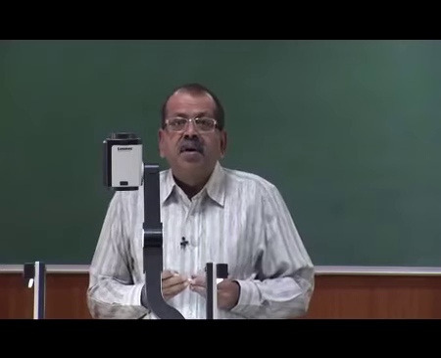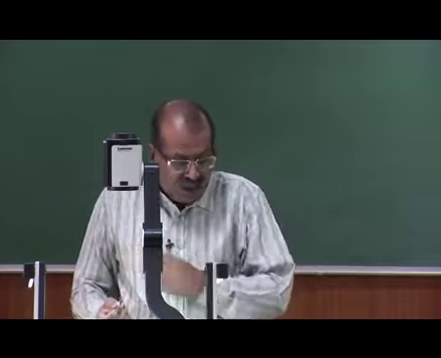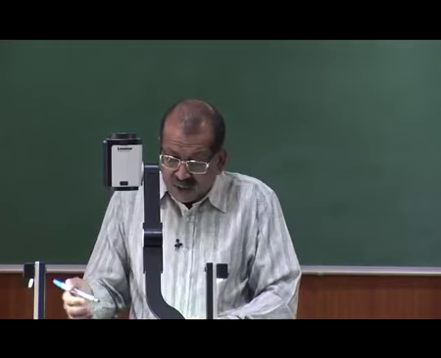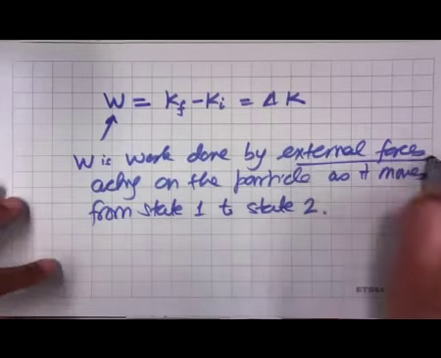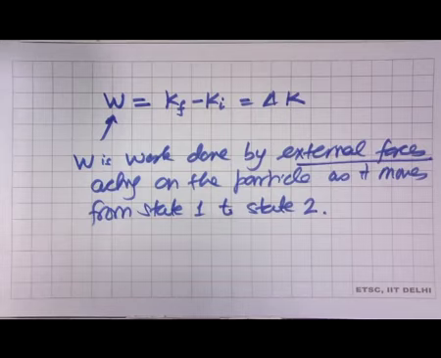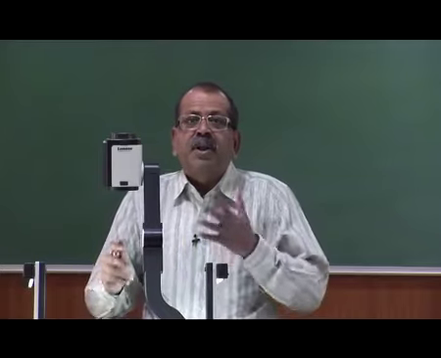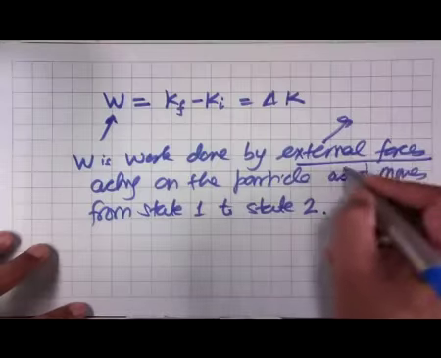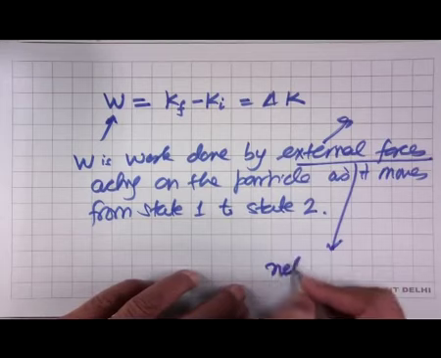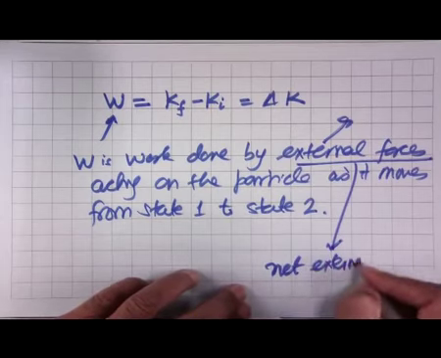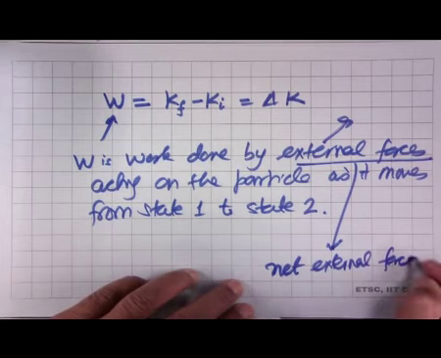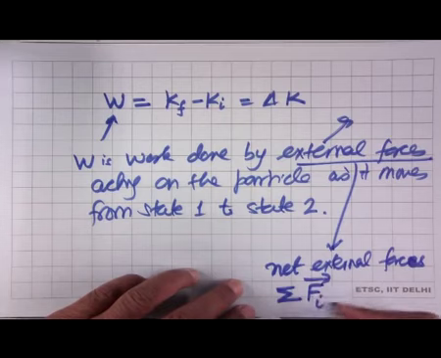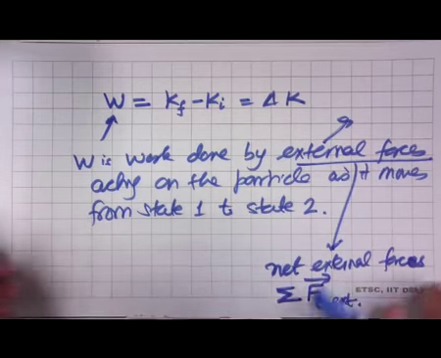So, the work done by external forces is equal to the change in kinetic energy, and this work done by external forces will be the work done by net external forces, or the sum of external forces acting on the particle.